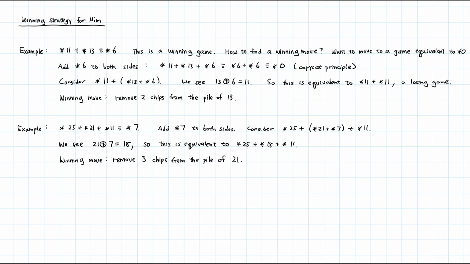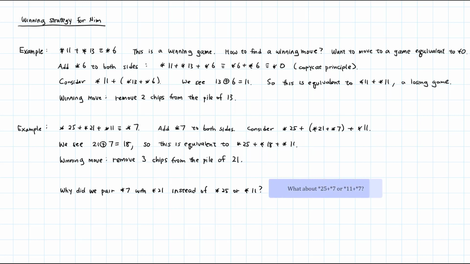Now you may be wondering, why are we pairing *7 with *21 instead of the other two piles? So what happens if we pair *7 with *25 or *11 instead? Well, we see that 25 + 7 is 31, and 11 + 7 is 12.